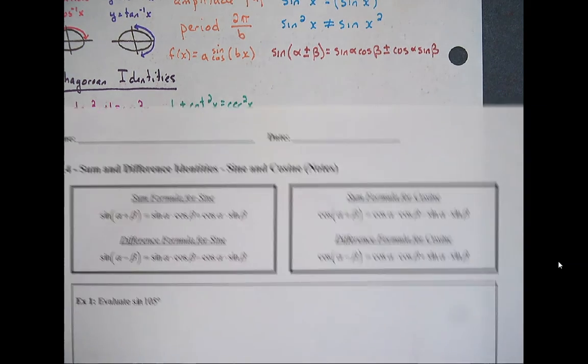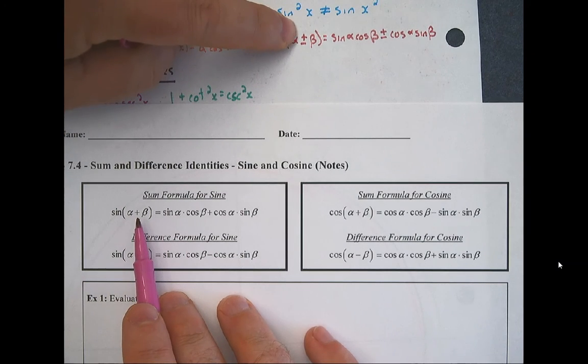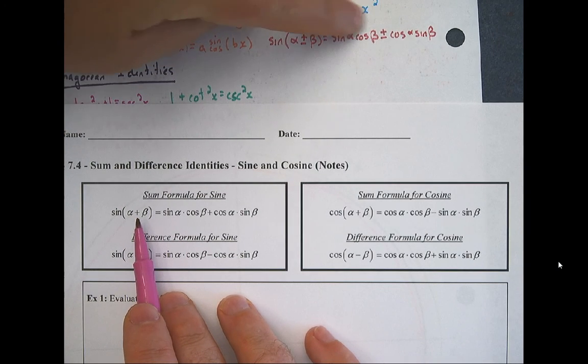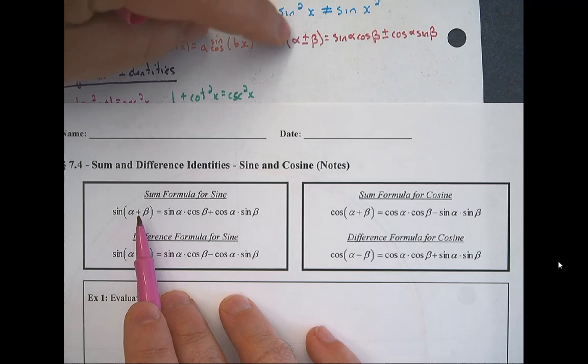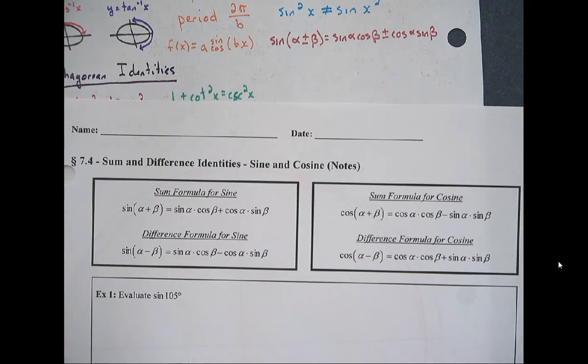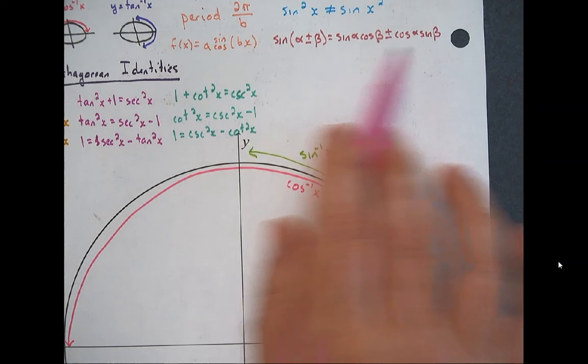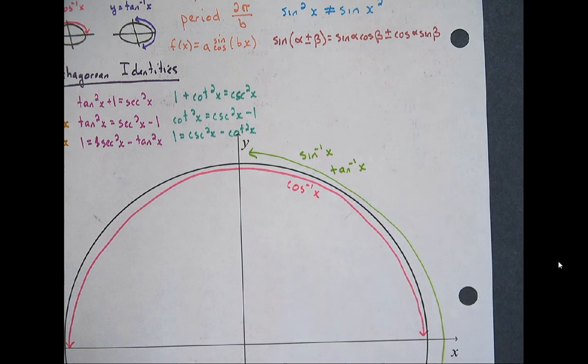What I'm saying here is when you have sine with a plus, it's going to use the plus. It's not really plus or minus the way that we think of plus or minus when we do roots. It's more like when there's a plus, you stick with the plus. When there's a minus, you stick with the minus. If you want to write them both out, write them both out. If you don't understand what I'm talking about here, take the extra 10 seconds and write it out on your own.